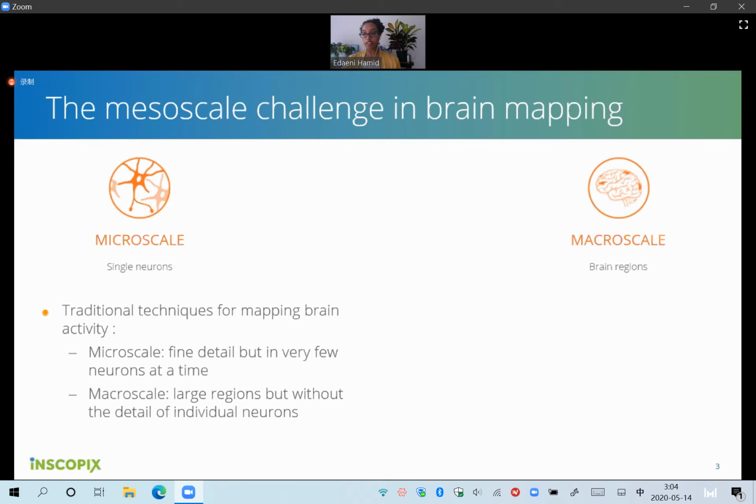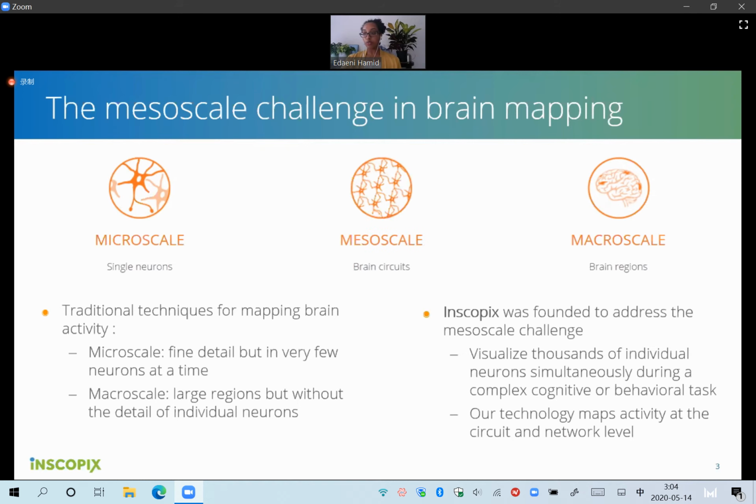Inscopix was founded to address the mesoscale challenge, enabling visualization of individual neurons simultaneously over large scale during complex cognitive or behavioral tasks. Using our technology, neuroscientists have started to map activity at the circuit and network level.